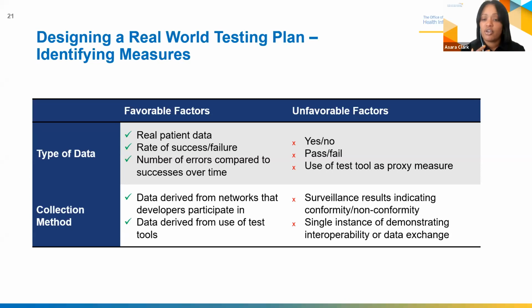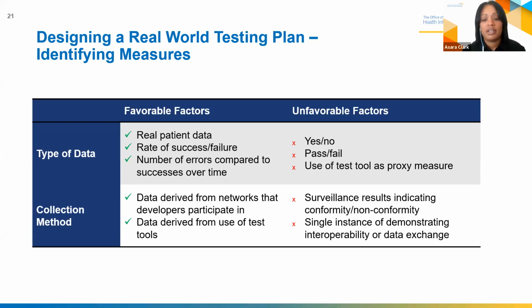Surveillance results indicating conformity or nonconformity are not a favorable factor to be considered in your collection method, all right? Surveillance, again, is an ACB activity, and that is a different thing. Real world testing is not to redo the ACB job. We already have the ACB covering that.